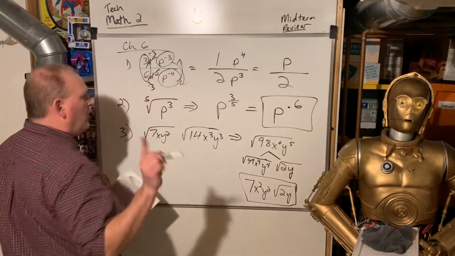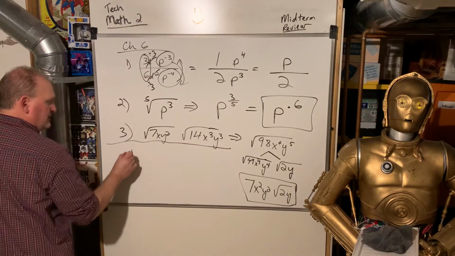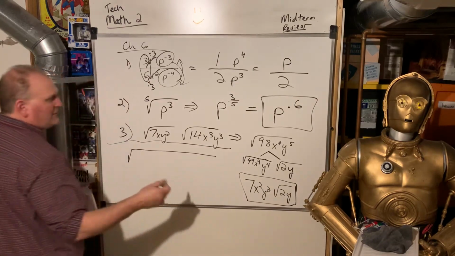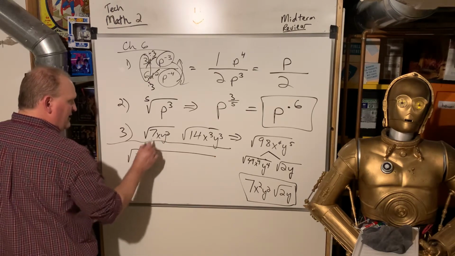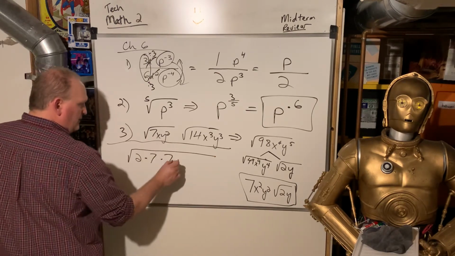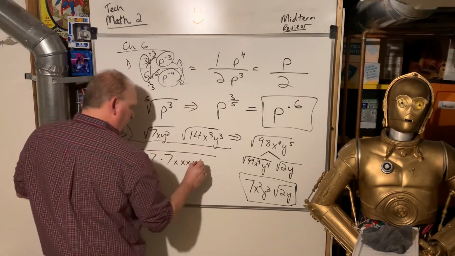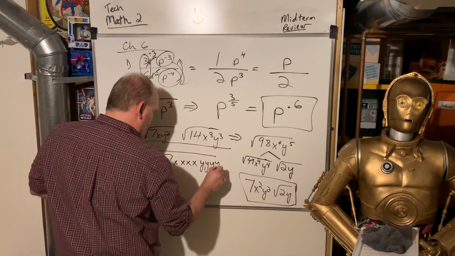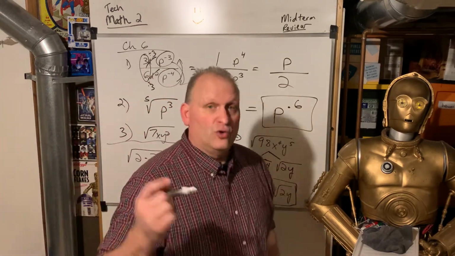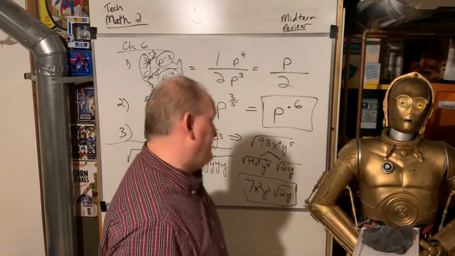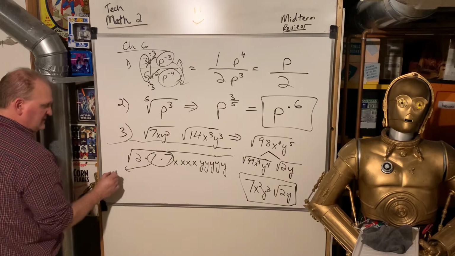Okay? That's one way to do it. Another way to do it would be to break it down into its prime factorizations, what I refer to as the prison break method. So 14 is 2 times 7, and then 7. We got 1, 2, 3, 4 x's. We got 1, 2, 3, 4, 5 y's. And now you're looking for groups of 2. Groups of 2 escape. Okay? So we have a group of 2 sevens, but only 1 lives, so a 7 is out.